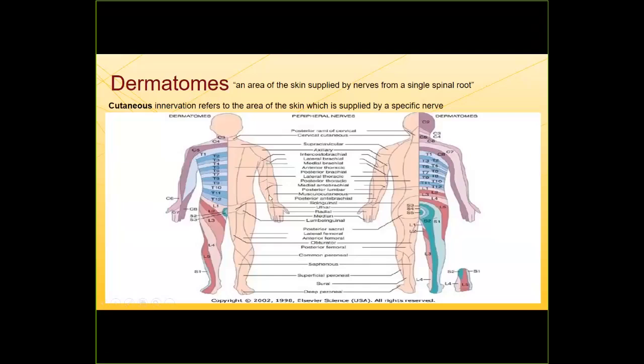So that's the one thing that I wanted to emphasize, because I've seen in my own practice a client who will come in with what they believe to be carpal tunnel syndrome because they have sensory changes in the palm of their hand, kind of on the radial side of the hand.